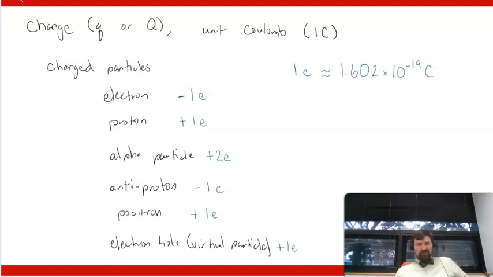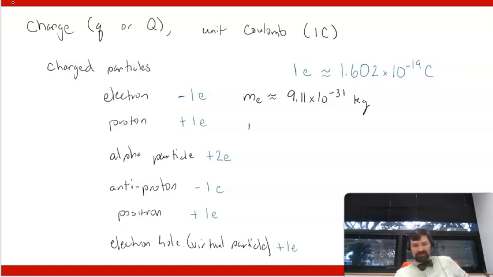These charged particles also have mass. For example, the electron has a mass, m sub e, of approximately 9.11 times 10 to the minus 31 kilograms.